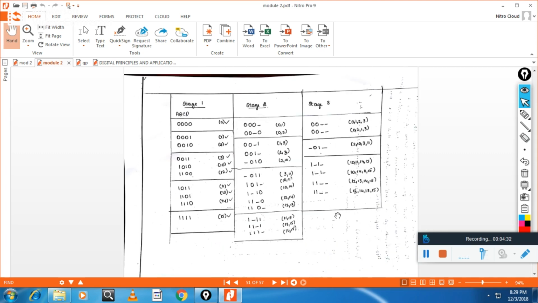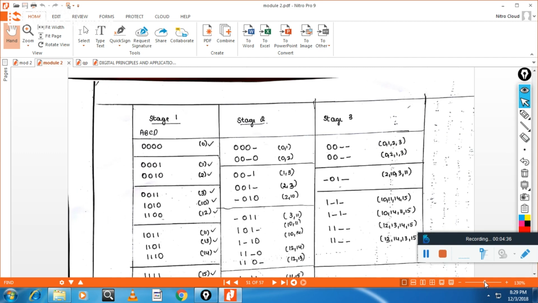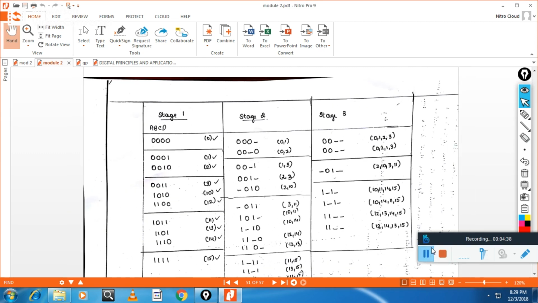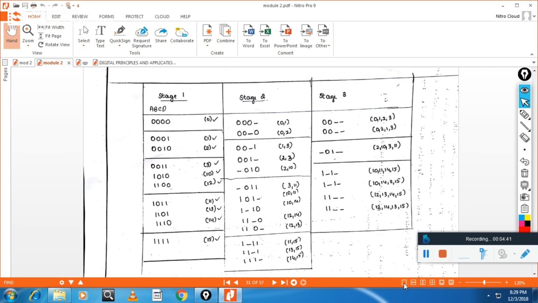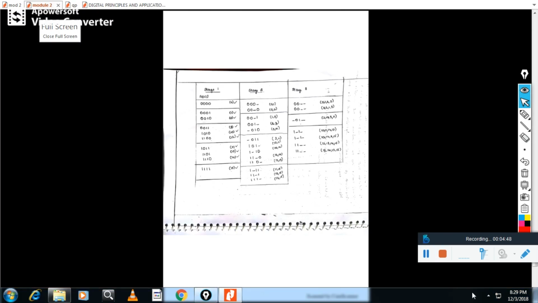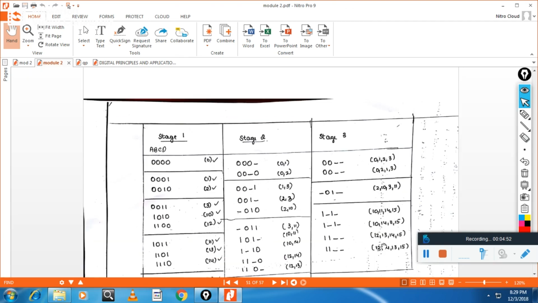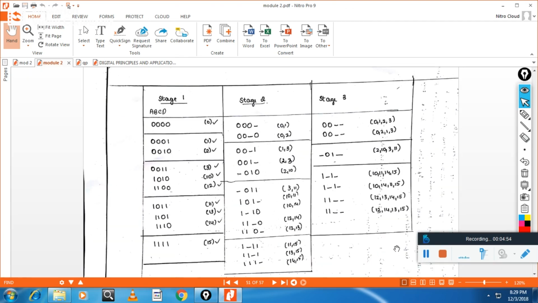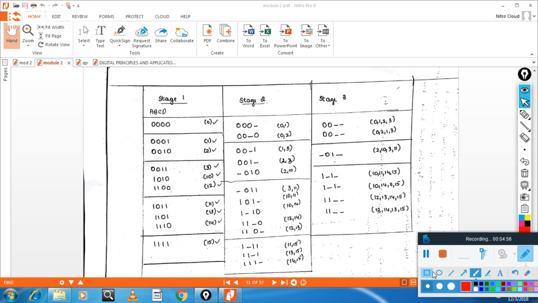So this is the table. I have written the first one as 0 number of ones.